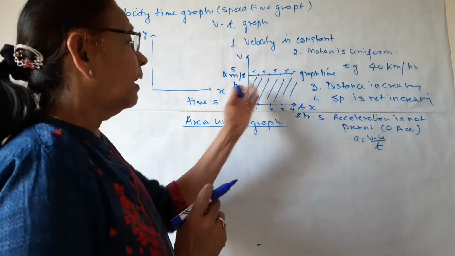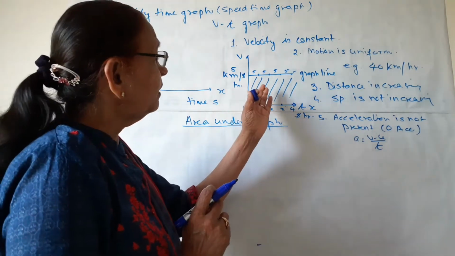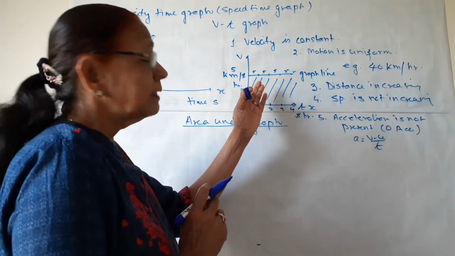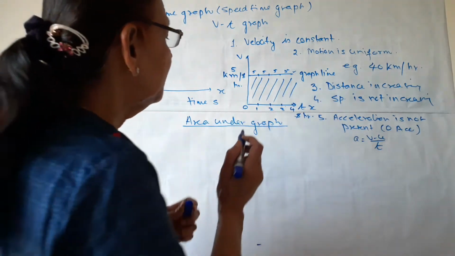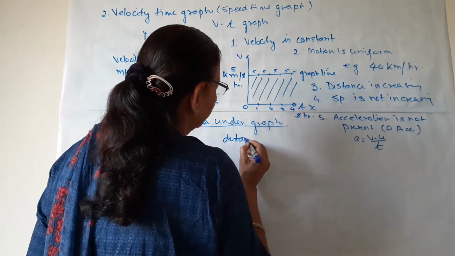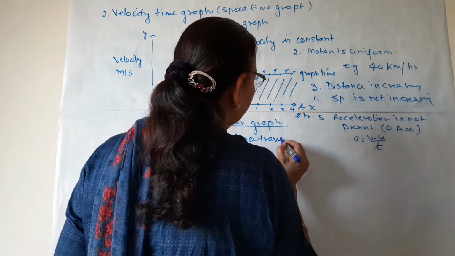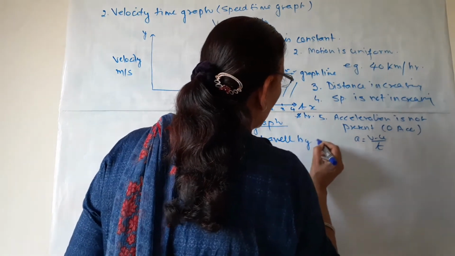Now we can calculate the magnitude of this area, and what does this area show? This area shows the distance traveled by the object.